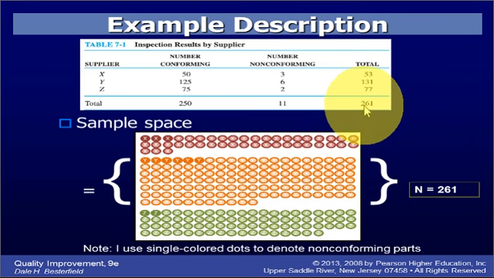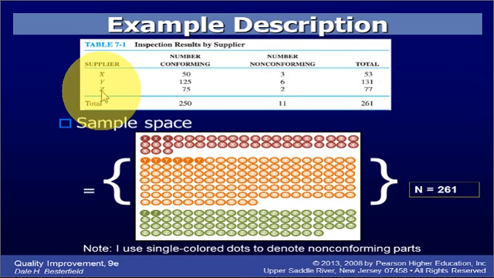Out of these 261 parts, 53 of them are from supplier X, and 131 of my parts are from supplier Y, and then the rest, 77 parts, are from the supplier Z. For each supplier, they have some number of conforming parts and also some number of non-conforming parts. So I use the single color dots to denote the non-conforming parts. As you can see, they have more conforming parts than non-conforming parts from each supplier.